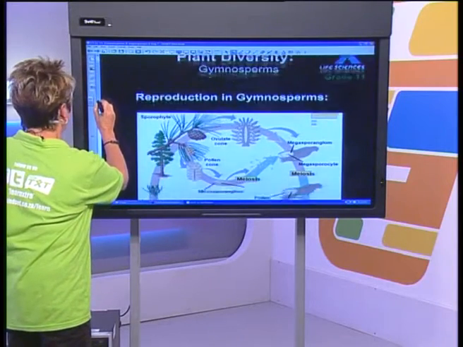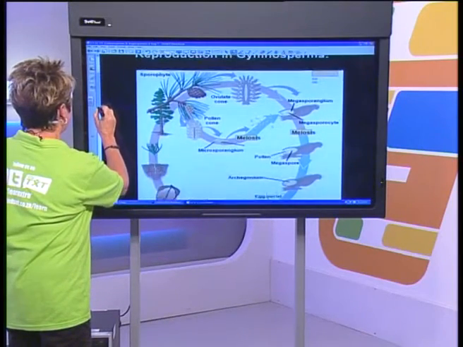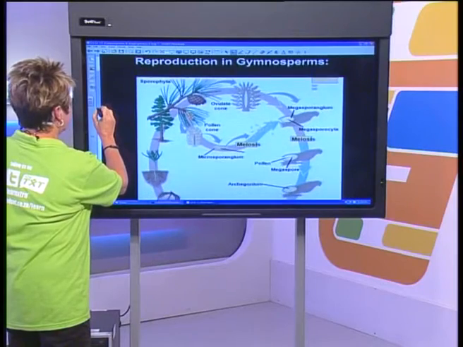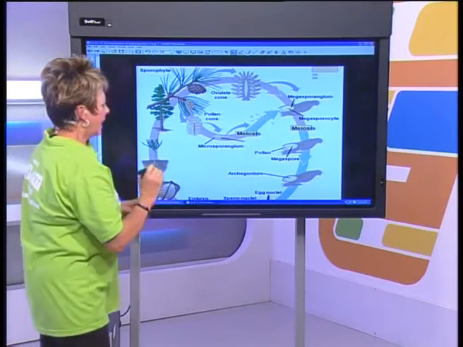Now we're going to get to the life cycle. If you can remember, we did the alternation of generations, and you need to apply that alternation of generations to the moss, to the fern, and also now to the gymnosperm and the angiosperm. So let's see if you can remember anything about it.